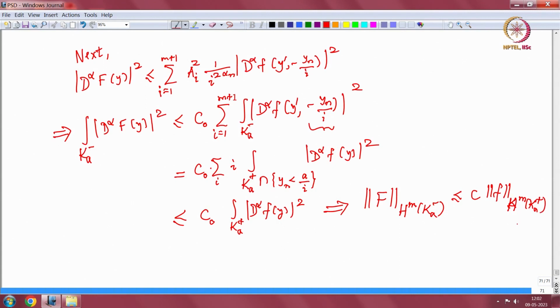But on K A plus, f is nothing but f. So maybe different constant. So we just conclude that K A is less than or equal to some constant HM K A plus.